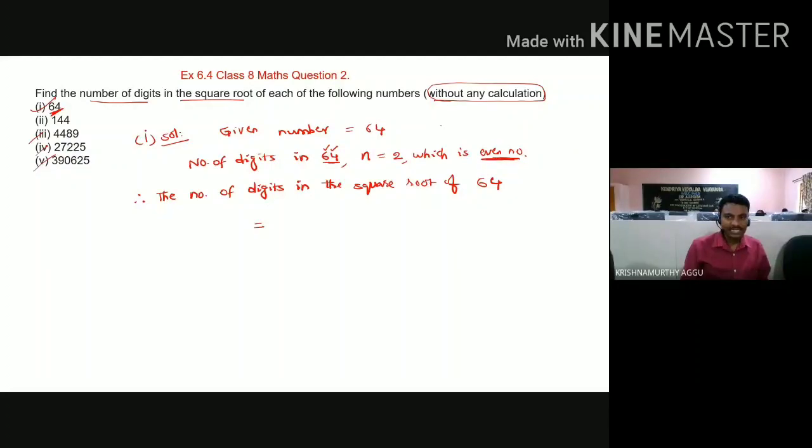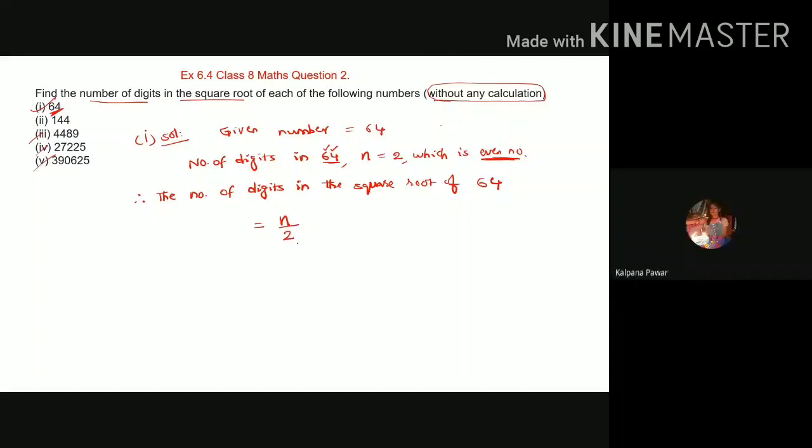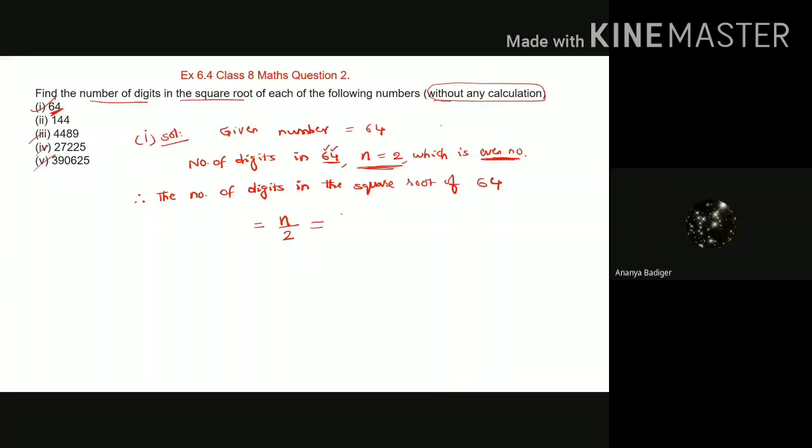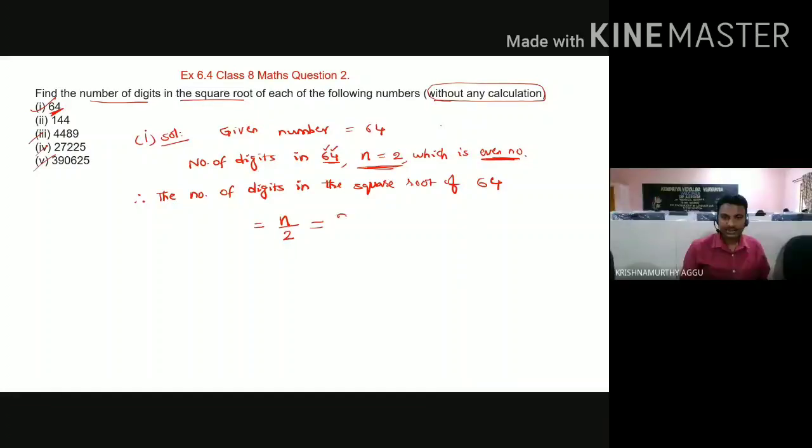When it is even, you have to apply the formula n by 2. So what is the value of n here? 2. So n by 2 means 2 by 2.